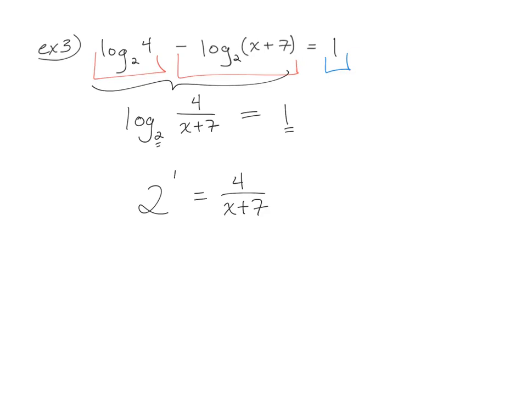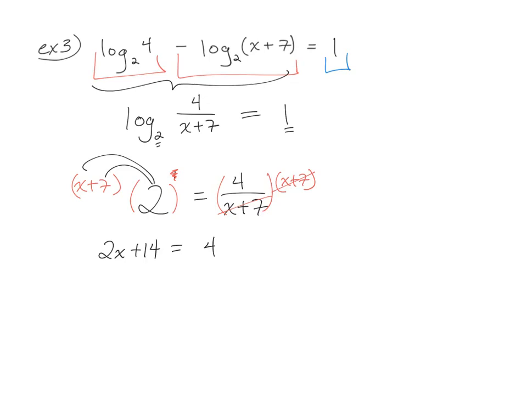From there, we just go through and solve it, right? This is that LCD thing. We're going to multiply this by x plus 7. Also, 2 to the first power is just 2. So we can multiply this by x plus 7. That's gone and gone. So on the left side, we will have, if you distribute, 2x plus 14 equals 4.